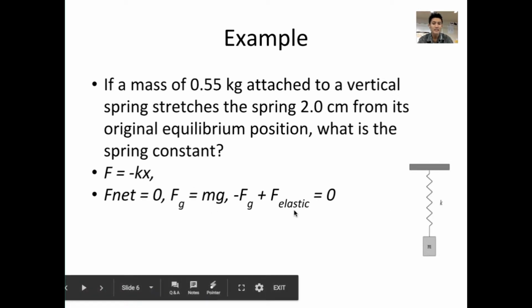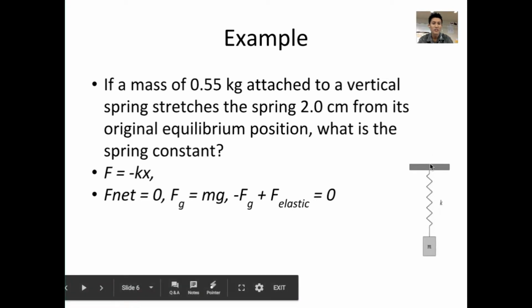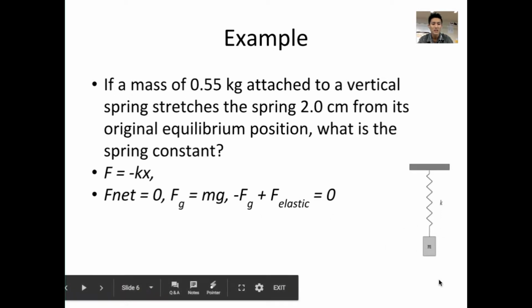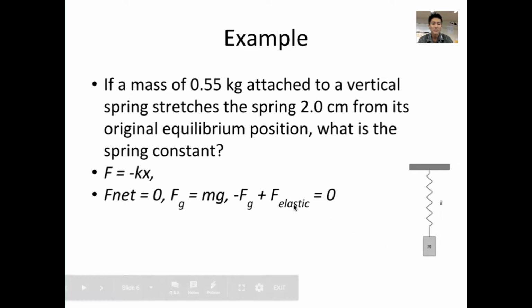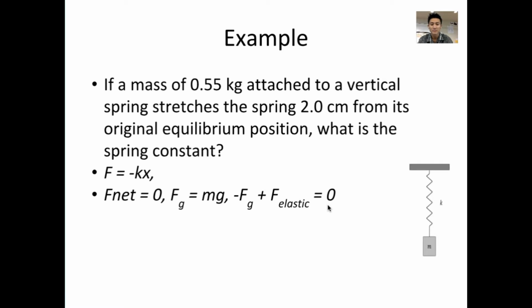And then lastly, we have this elastic restoring force due to the spring, which is going to be negative kx. Both of those added together, the force due to gravity, which is negative because it's pulling downwards, and the force due to this elastic spring, which is positive, have to equal 0.